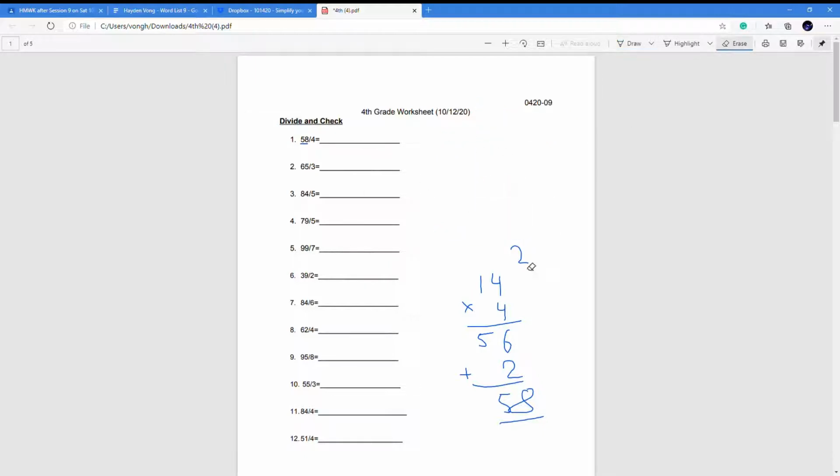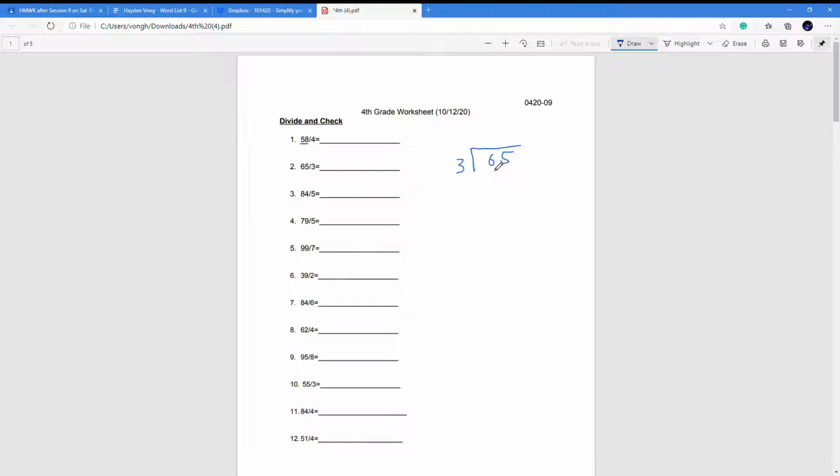So let's try another one so you can get a better understanding. Let's do number 2. So you have 65 divided by 3. You put 65 in here, divided by 3.